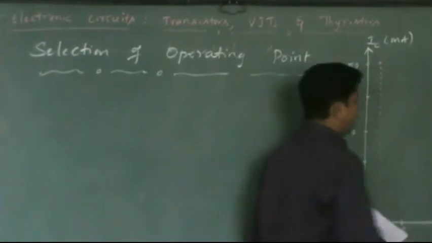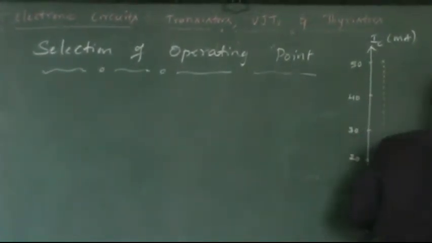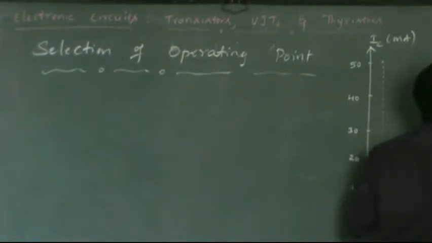Again, I will indicate that with a dotted line. Just draw the vertical line at 25 volts. Anything beyond this is called the breakdown region.